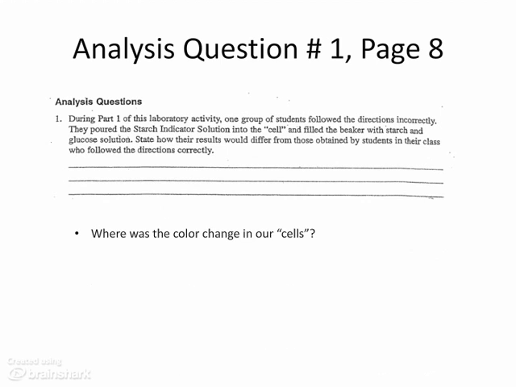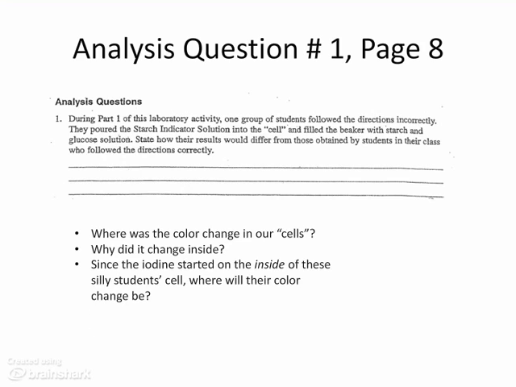So in our cells, where did the color change? Inside or outside of the cell? And more importantly, why did it change inside of the cell and not outside of the cell in our situation? When we follow directions, why did it change inside and not outside?